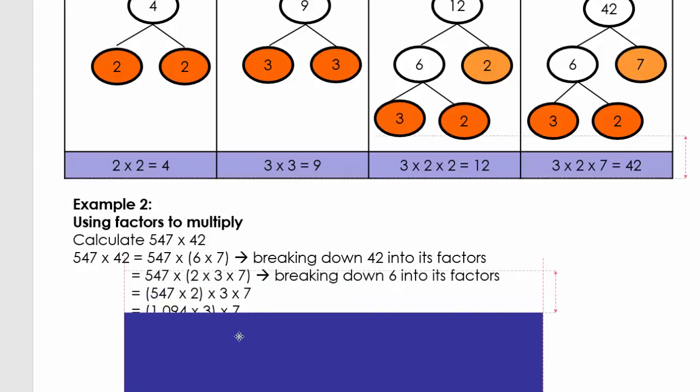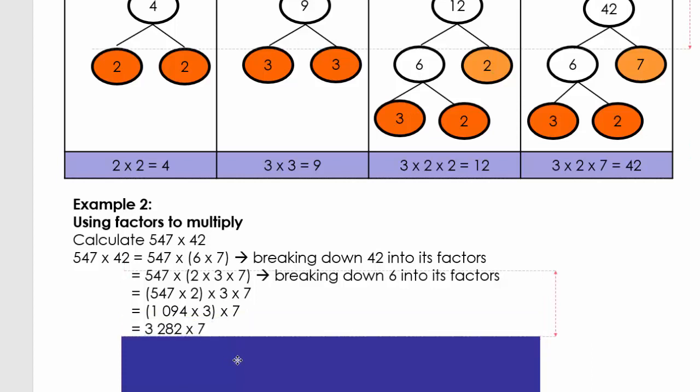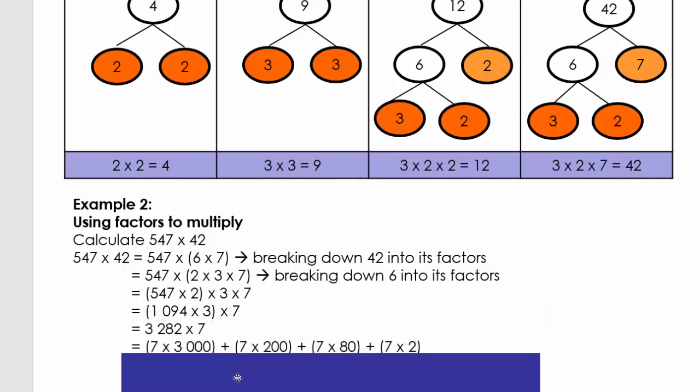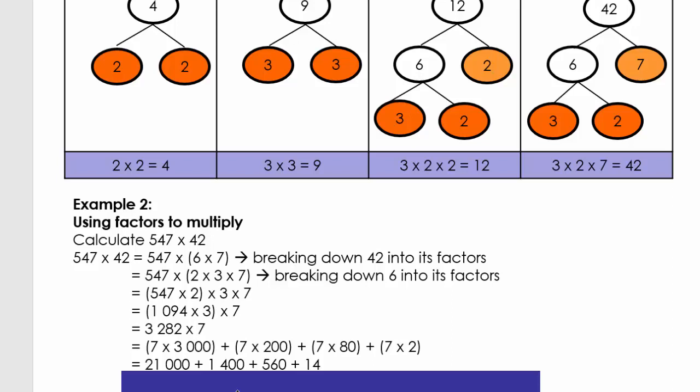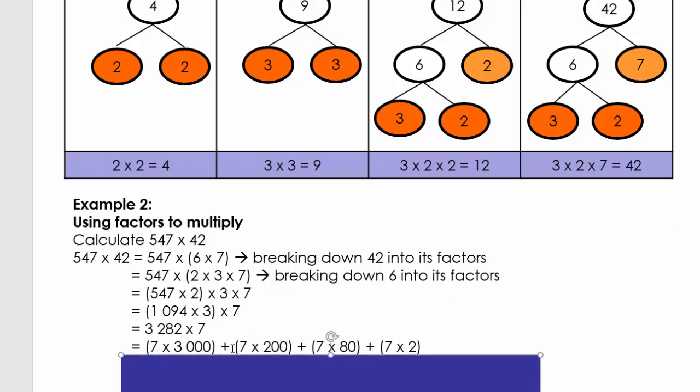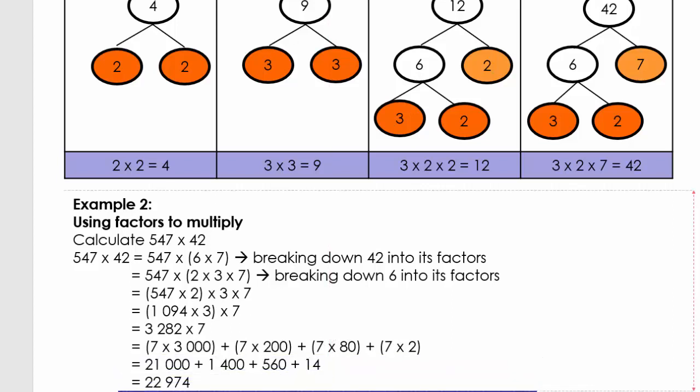Do it, reveal, do it, reveal, and you carry on like this. Remember this step here, nothing wrong if you wrote 3,000 times 7, 200 times 7, 80 times 7, 2 times 7, and you're going to calculate it.